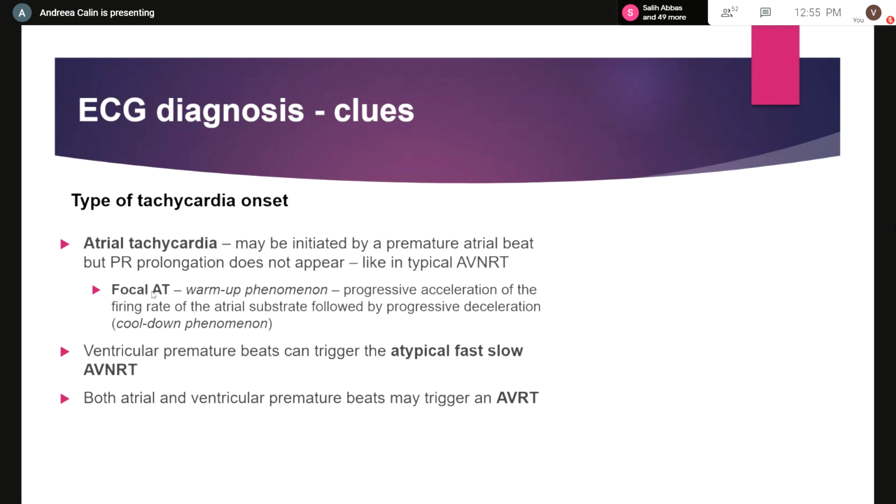In the focal atrial tachycardia, when there is one cluster of cells that initiate tachycardia, there is progressive acceleration of the firing rate of the atrial substrate, followed by progressive deceleration with a phenomenon of warm-up and cool-down. This is characteristic for the focal tachycardia.